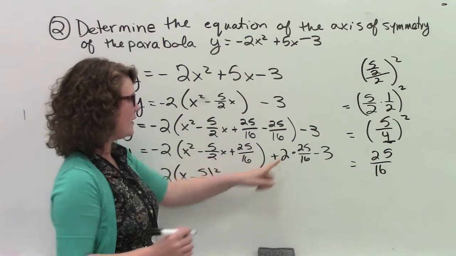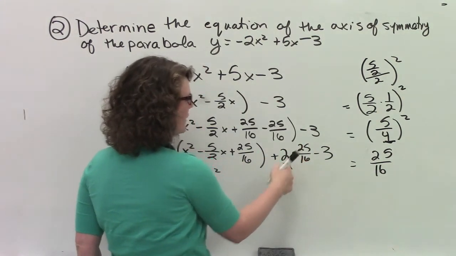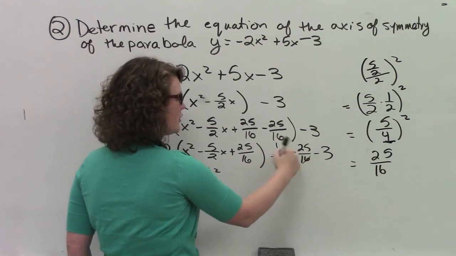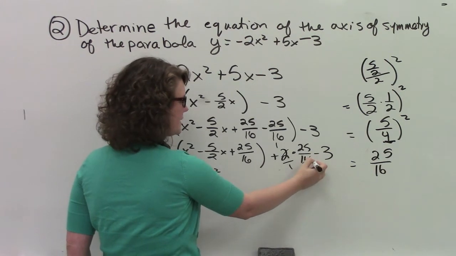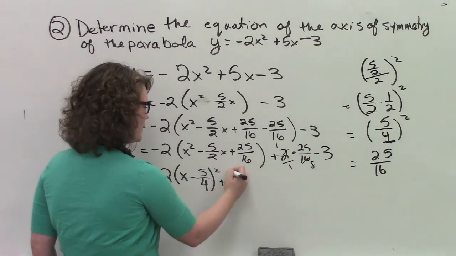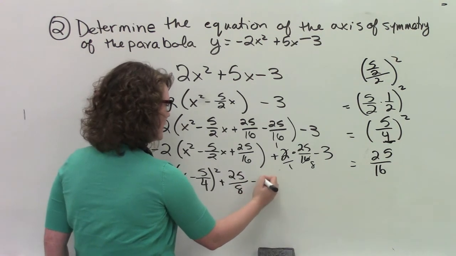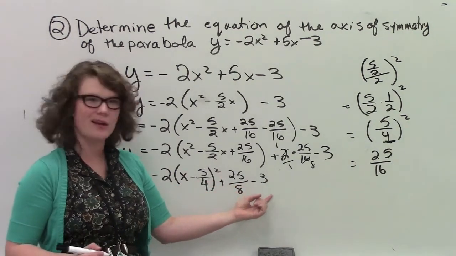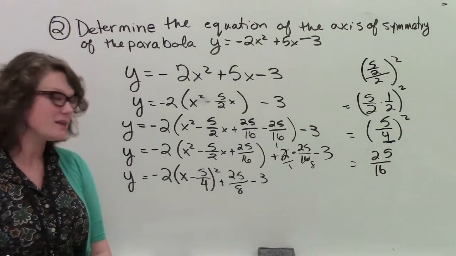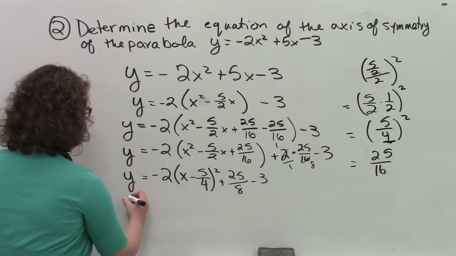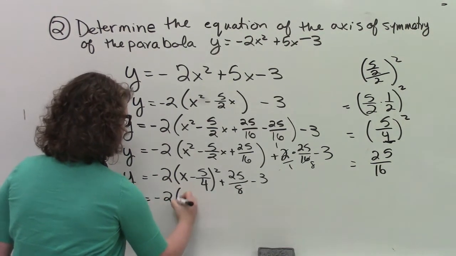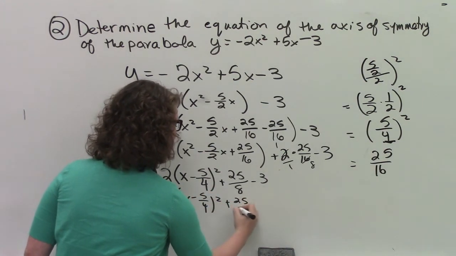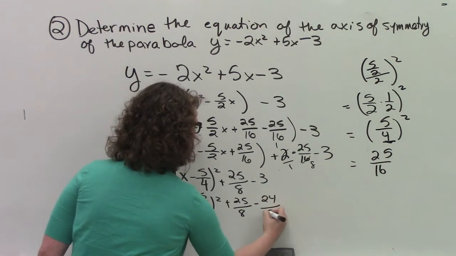What we actually have here, we're multiplying by 2 over 1, right? So 2 goes into itself 1 time, 2 goes into 16 8 times. So we say plus 25 over 8 minus 3. We need to have a common denominator here. So if I were to change 3 into something that's over 8, I would say 24 over 8. So we have y equals negative 2 times x minus 5 over 4 squared plus 25 over 8 minus 24 over 8.